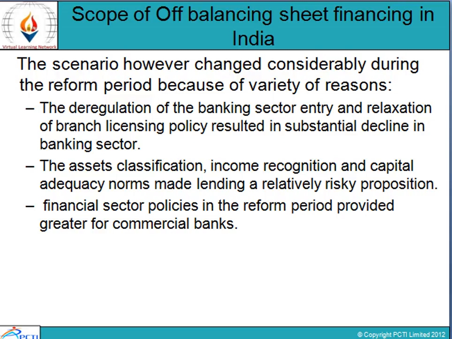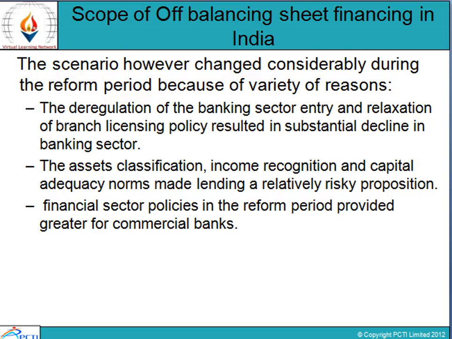Now the scenario has changed considerably after the reform period. Why has it changed? First, because of the deregulation of banking sector entry and certain relaxation of branch licensing policies. They have resulted in a very substantial decline in the banking sector spread. And when we say banking sector spread, it is in terms of the total assets. So which is compelling the commercial banks to look for some other source of income.